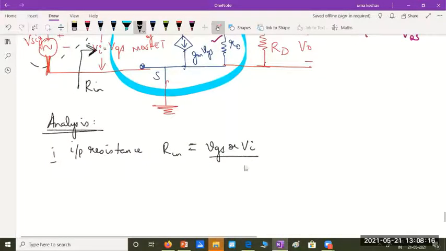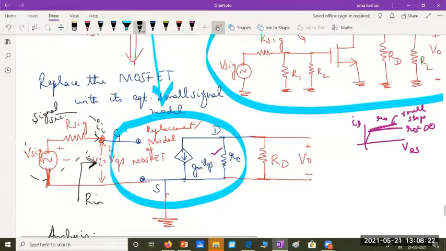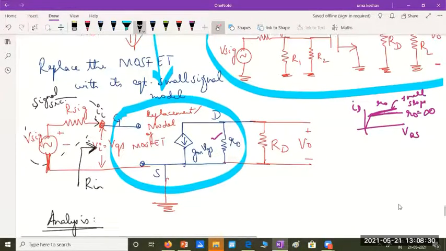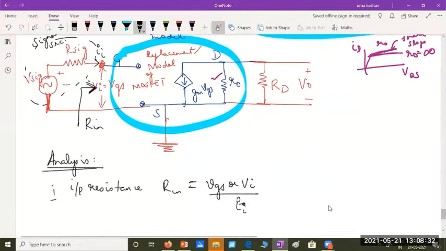Yes. If you want to define an equation for this, you can list it as the input voltage divided by the input current. Naturally, this input current will be zero because there is an open circuit here. Even if you have a voltage here, VGS by 0, so what would be the resistance?